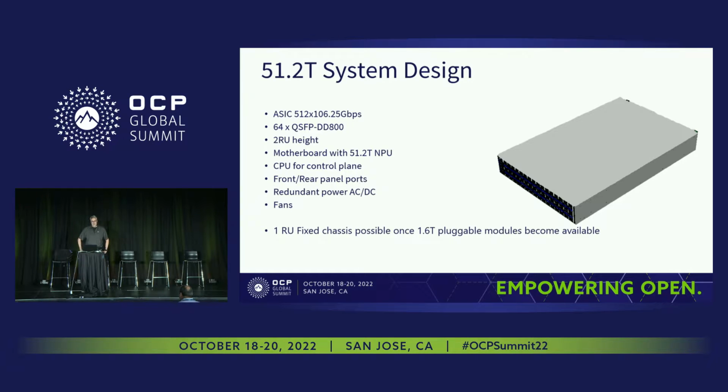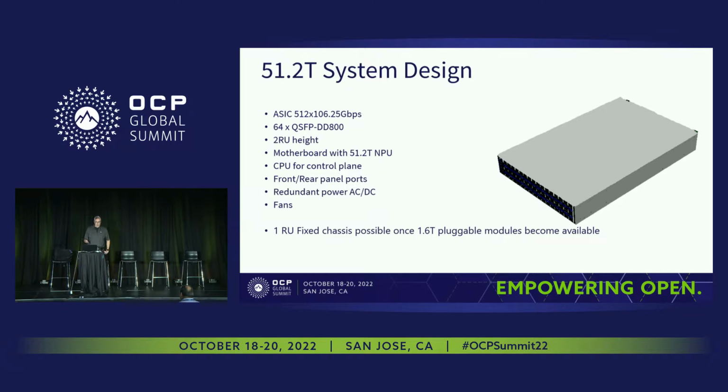Again, OSFP 800 is a perfectly fine choice as well. That defines your faceplate. If you want maximum density with 64 modules, then 2RU is the minimum size for the faceplate. So that defines one of the boundary conditions that we're working on.